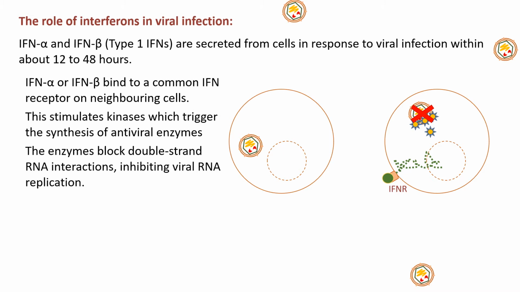If you can't do a double-strand interaction, you can't replicate that RNA genome. So they block that happening. So even though the virus has entered the neighboring cell, that virus cannot replicate. So it's not going to be released, it's not going to infect lots of other cells.